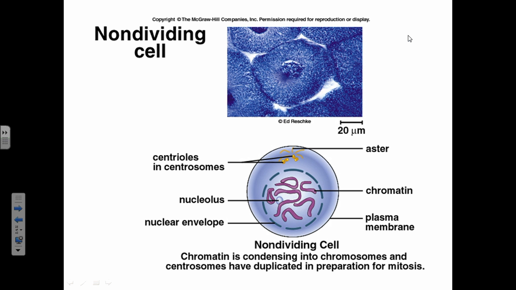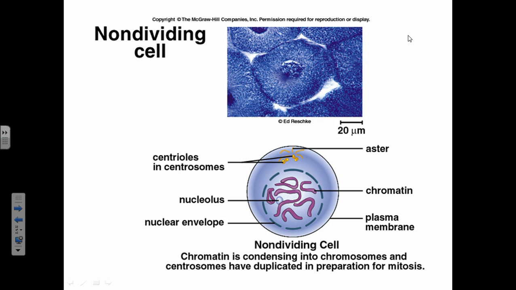This is what a normal cell looks like when it's not dividing, which means it's in what phase of the cell cycle? Interphase. Is interphase part of mitosis? It's what happens before mitosis, right? So this is a cell that's not in mitosis, it's in interphase.